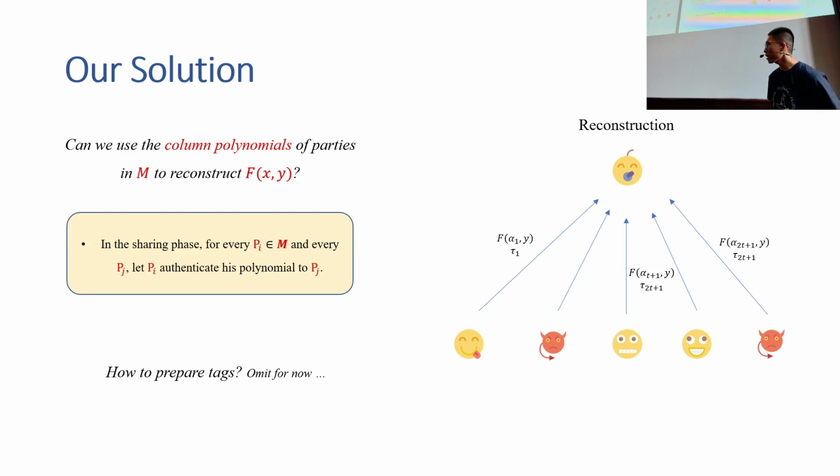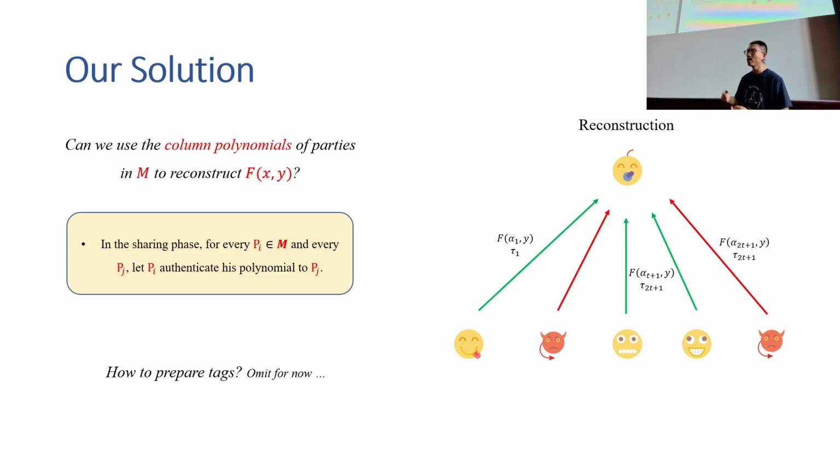Of course, it's not known how to do this for now, but let's just suppose we have the tags. So during the reconstruction, we let each party provide their column polynomials together with the tag. Because of the tag, the receiver can now distinguish the correct polynomials from the wrong polynomials. So we will only use the correct polynomials to do the interpolation.